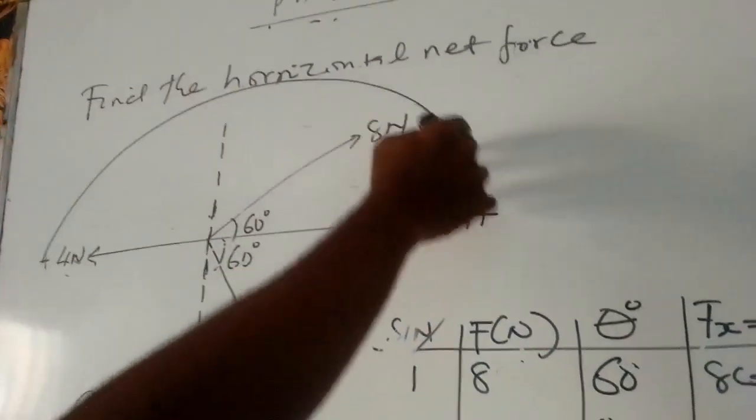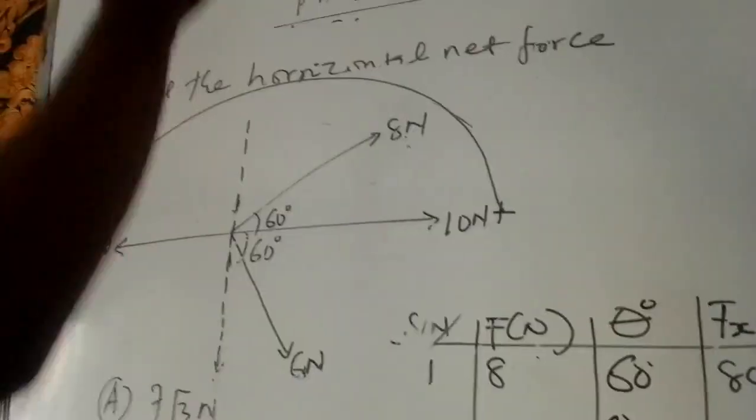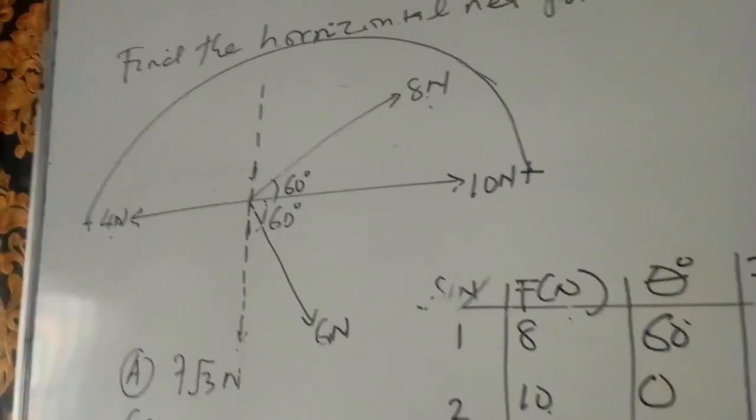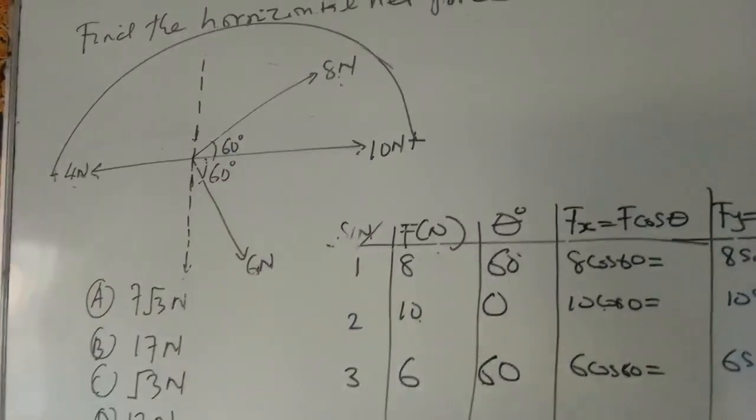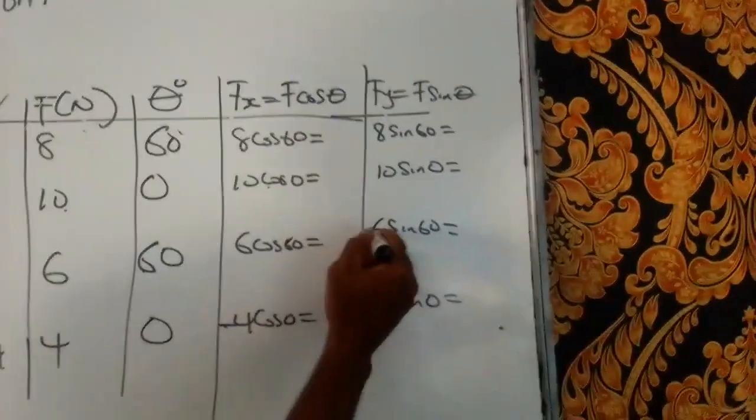From the middle up, all the forces are taken as positive. So 4 and 10 are positive forces. 8 is also positive. Then the forces on the lower plane should be negative. So 6 is the only force that is negative here.